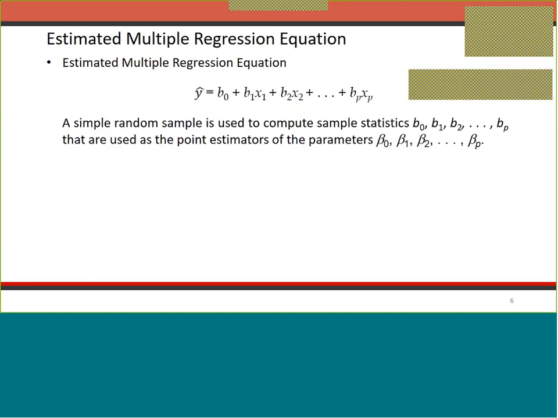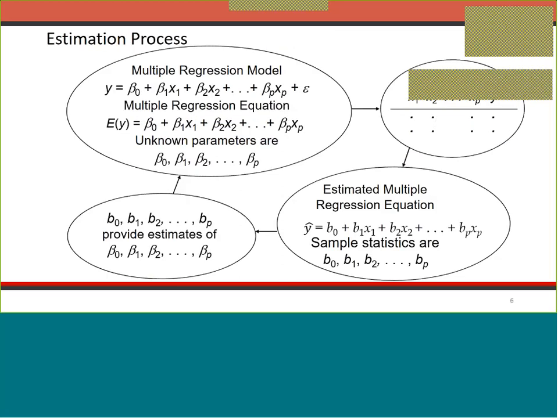But for a population it is difficult to calculate beta, so we have an estimated regression equation: y hat equals b naught plus b1 x1 plus b2 x2, and so on, plus bp xp. b naught, b1 and so on, bp are the sample statistics which we need to compute. So the output is like this. You have a multiple regression model and a multiple regression equation.